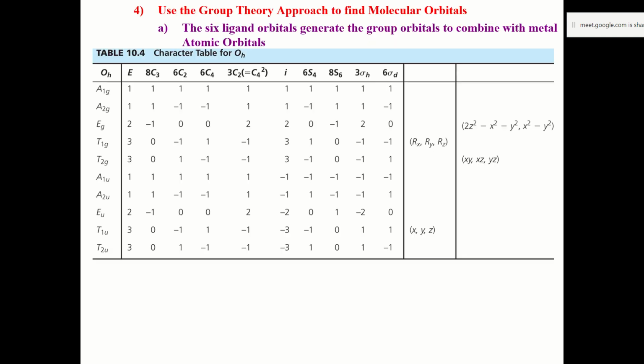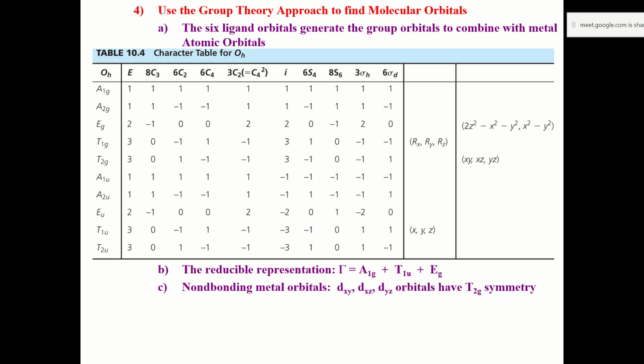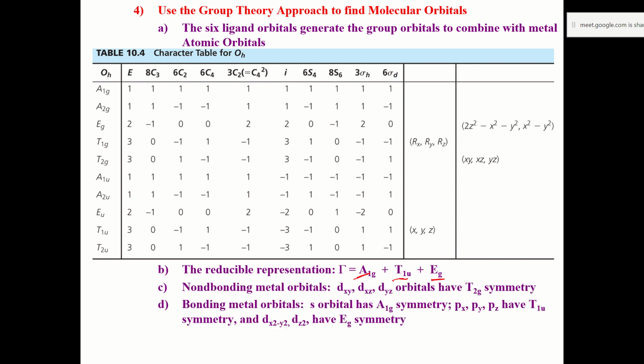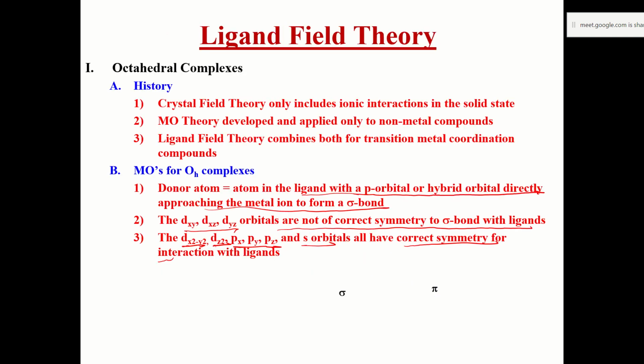इसी तरह से जब इसको हम वर्कआउट करते हैं, रेड्यूसिबल A1G, T1U, EG आता है, यही अभी डिस्कस कर रहे थे हम लोग. सो ये सिग्मा बॉन्डिंग के लिए यूज होगा. तो मेटल के ये ऑर्बिटल्स यूज होंगे dx square minus y square, dz square, px py pz एंड s ऑर्बिटल्स.